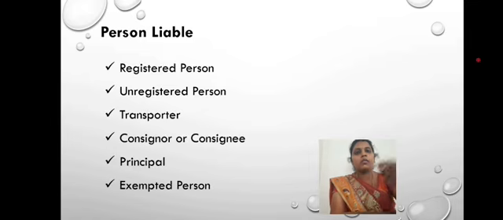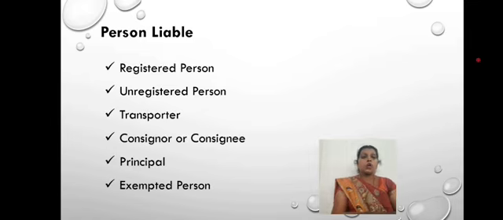Yes, which persons are liable? Those registered under GST and those not registered under GST, the transporter, consignor or consignee, principal, and the exempted person. Why should an unregistered person or exempted person also register for the E-way bill?